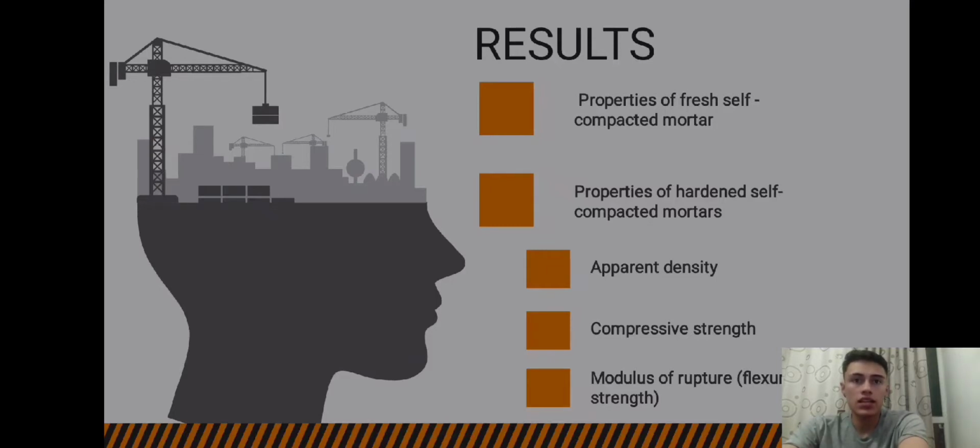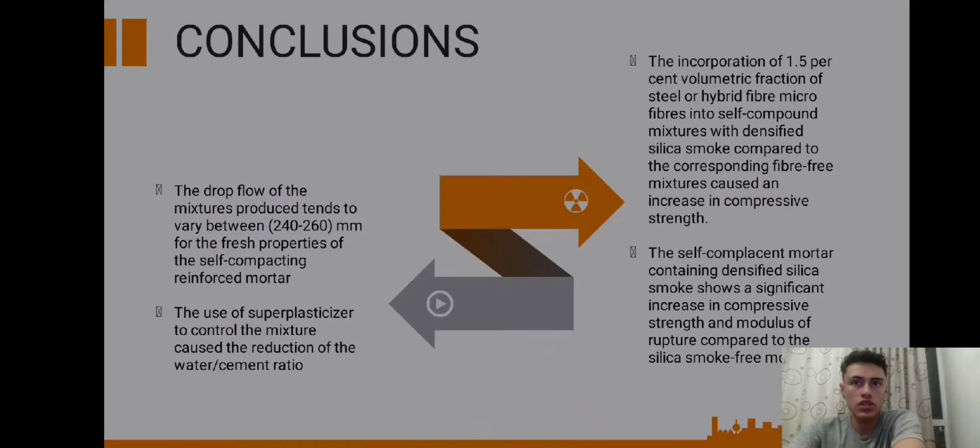It is clear that the specimens made with hybrid fibers show a greater strength compared to specimens of microfibers. So we can conclude that it is possible to produce self-compacted reinforced mortar using the mixing ratio of 950 of cement, 950 of fine sand, 76 densified silica fume, and all of the values are given in kilogram per cubic meter.